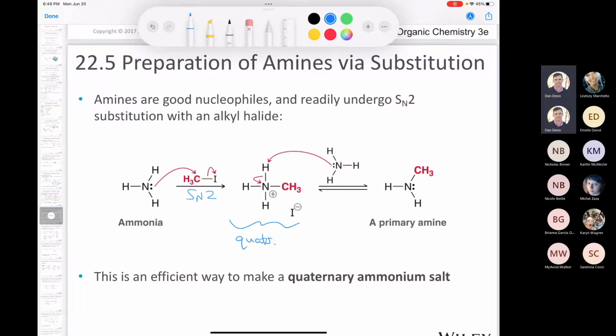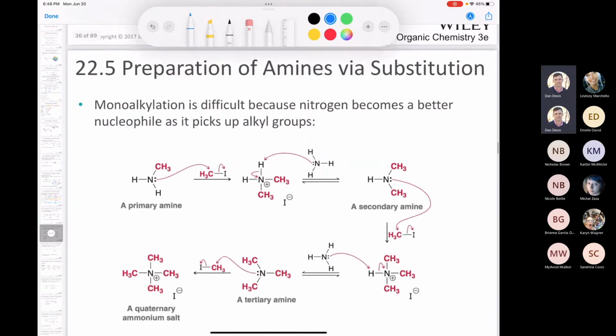Anyhow, what's interesting about this though is that once you make the primary amine, it's like the Energizer Bunny. It keeps going and going and going, and you can end up alkylating over and over. So once you make that primary amine, it can do another SN2 to make a secondary amine. Then it can undergo another SN2 to make a tertiary amine, and you get the idea.